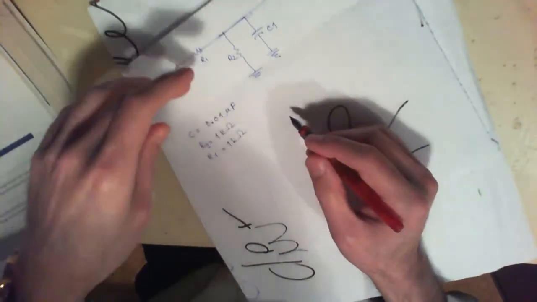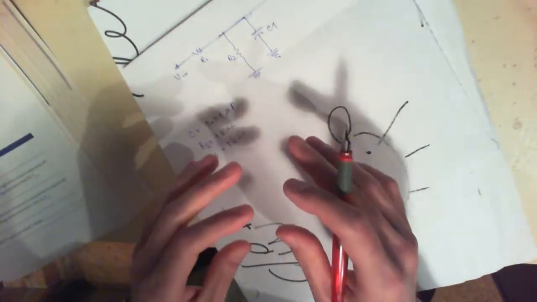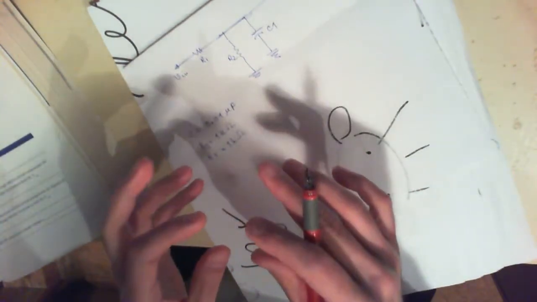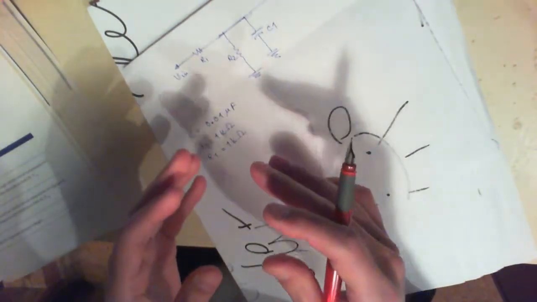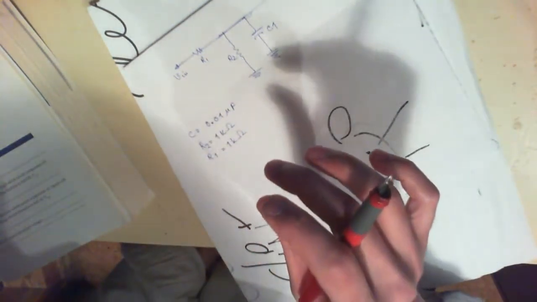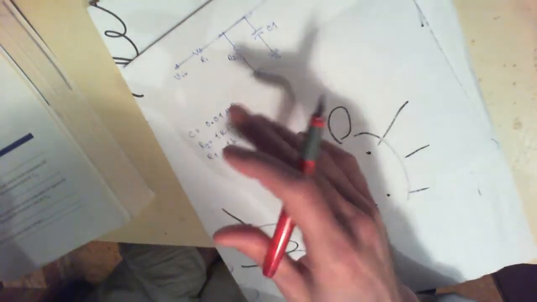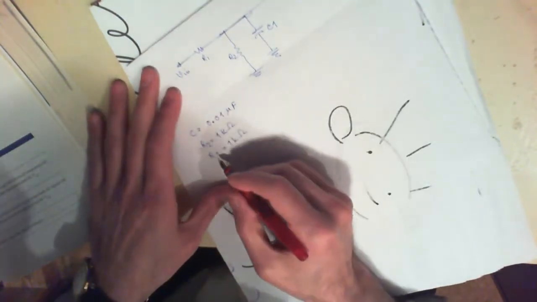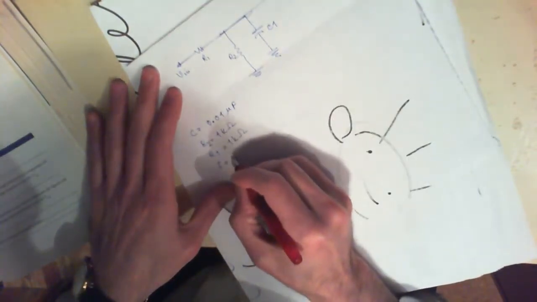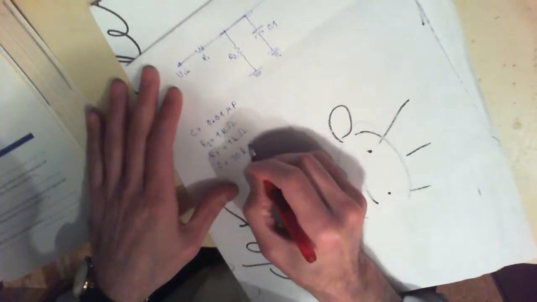You have to hold on to one certain frequency, otherwise you cannot do any calculation. So the frequency was 30 kilohertz.